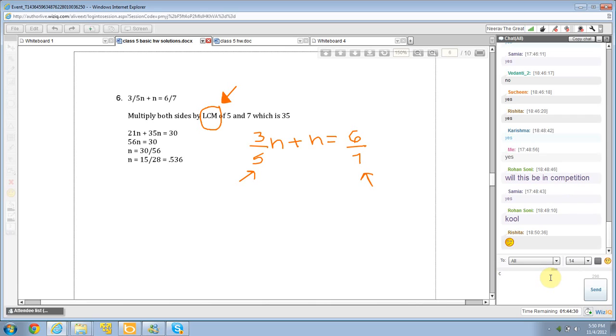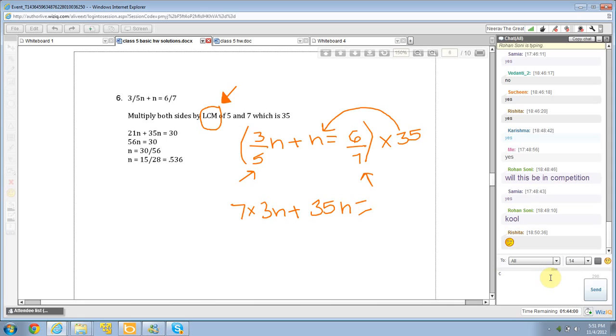By doing so, since it's 35, you get rid of the 7 and 5 in the denominator. The 5 goes into 35 7 times, so you have 7 times 3n, which is 21n, plus n. See how there's nothing in the denominator here? That's why when we multiply by 35, it goes straight to the numerator. Is equal to 6/7 times 35.